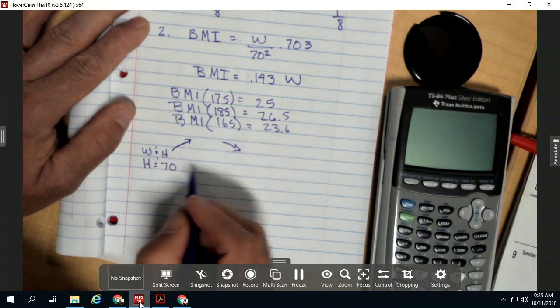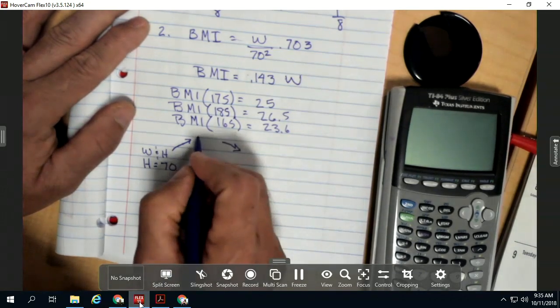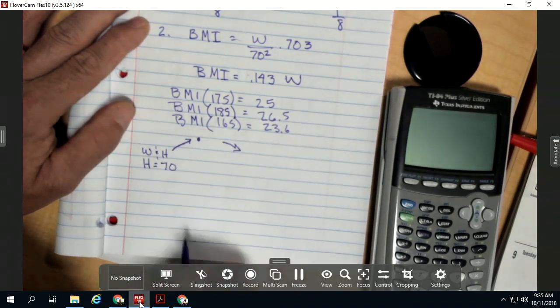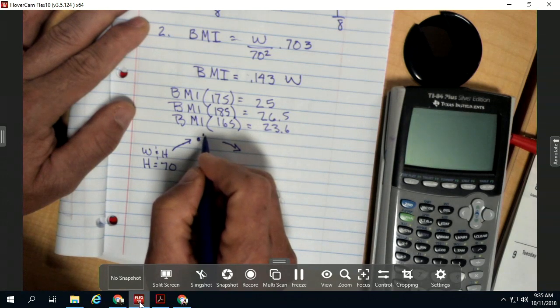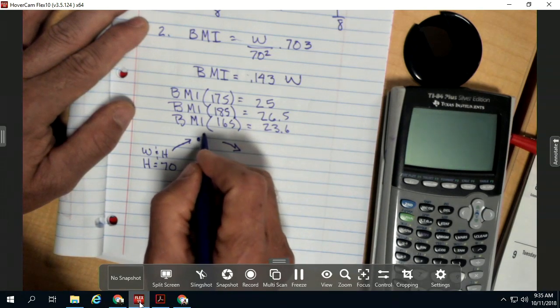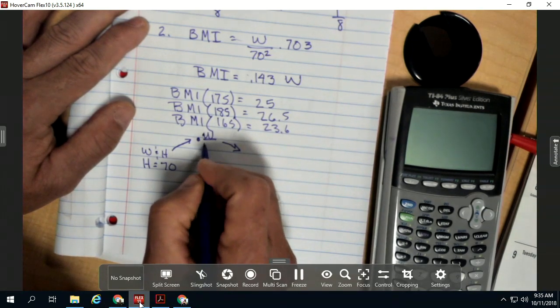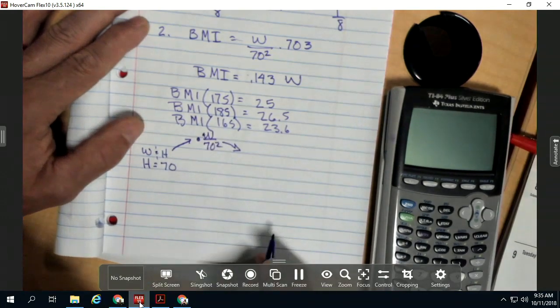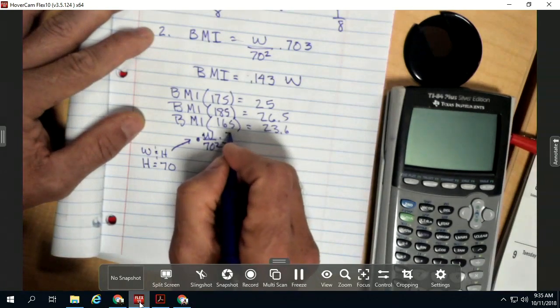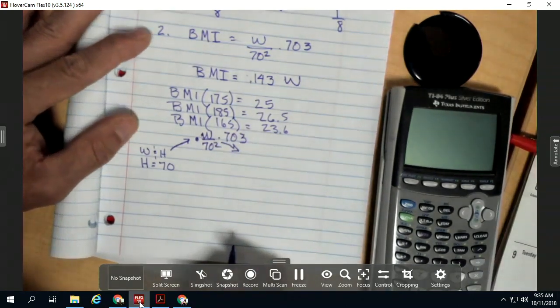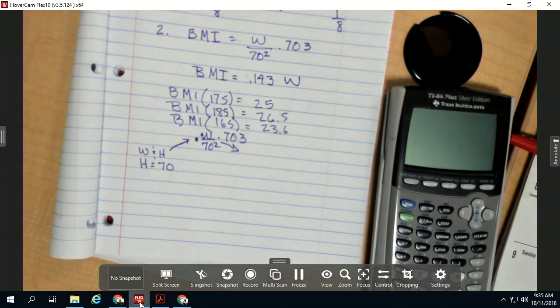So really we only have one variable. What are we going to do? We're going to divide the weight by 70 squared, correct? Times 703. Now I put both of those in one spot because I'm not real sure which one you do first.